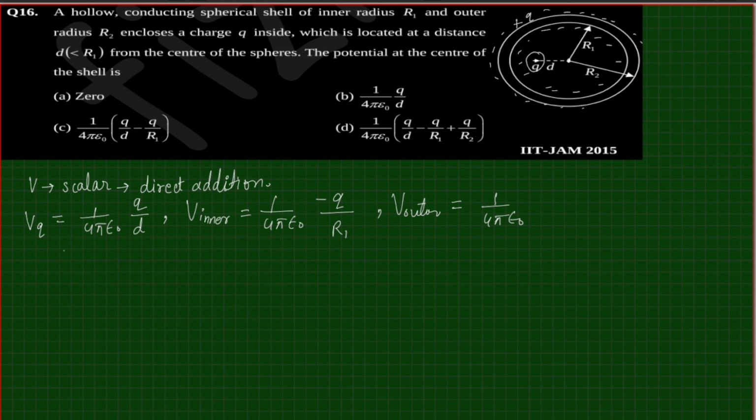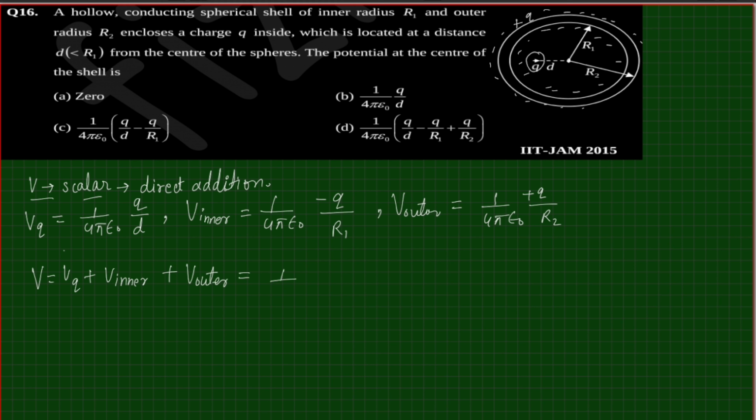So positive charge is induced, so this will be positive Q over R2, and since potential is a scalar, we will directly add all three potentials. So V will be V_Q plus V inner plus V outer.